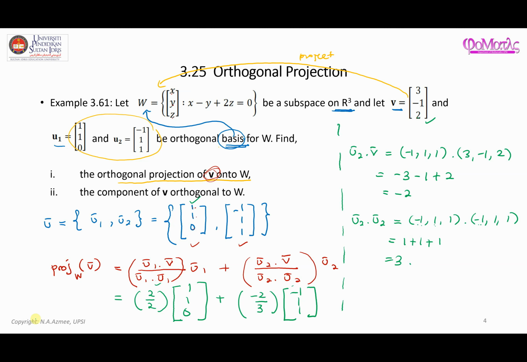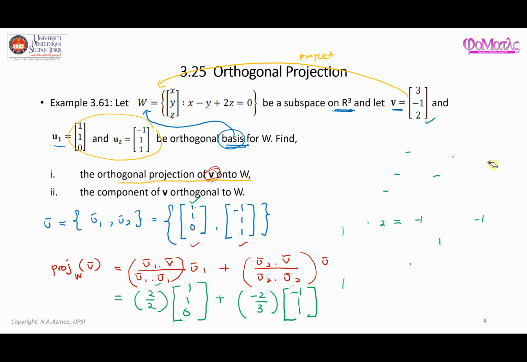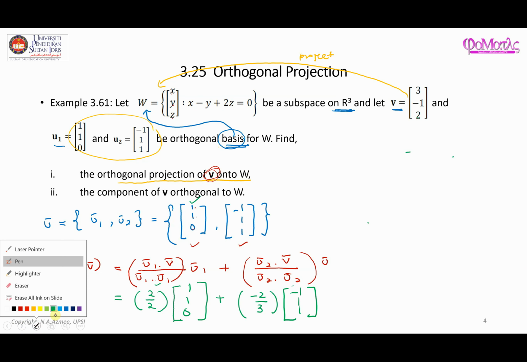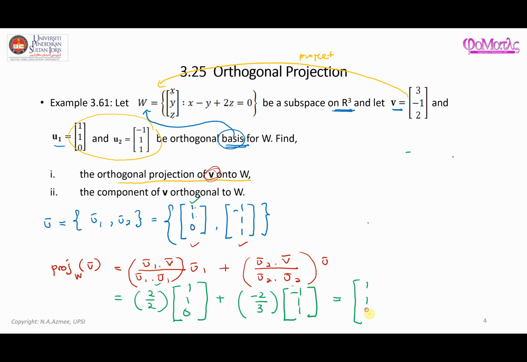If you simplify the result, 2 over 2 is 1, so 1 multiplied with this vector gives the vector back, 1 1 0, plus negative 2 over 3 times u2, so this is 2 over 3, negative 2 over 3, and negative 2 over 3.